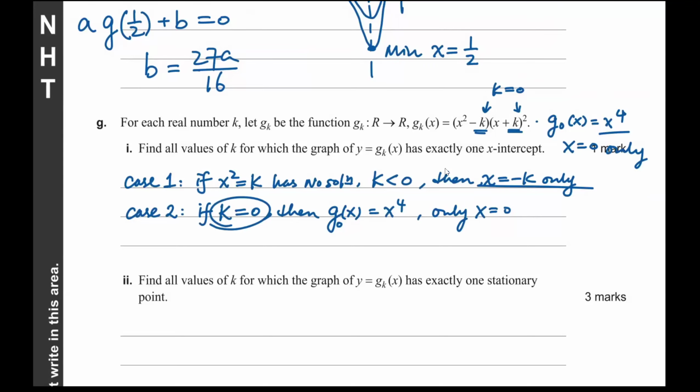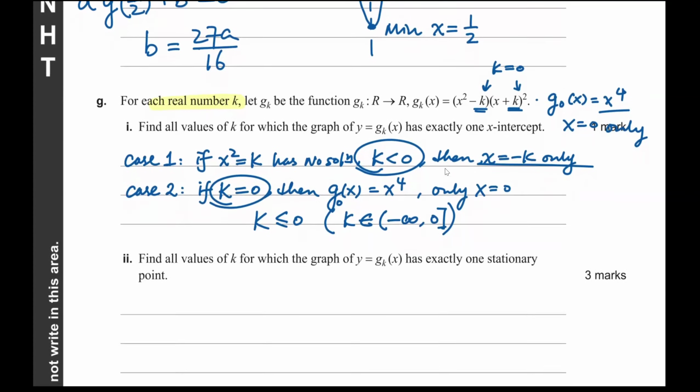Combine them together. k is less than or equal to 0, or I would say k belongs to minus infinity to 0, because the question says real number k rather than integer numbers or discrete values.